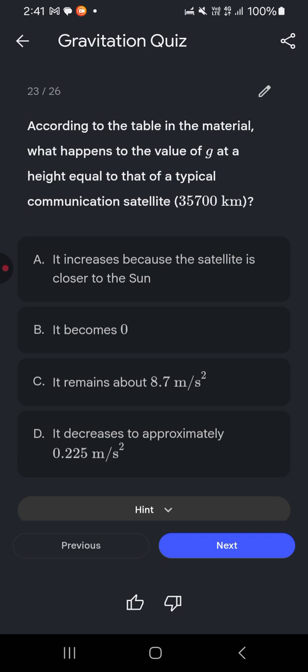What happens to the value of g at a height equal to that of a typical communication satellite, which is at a height of 35,700 kilometer from the Earth's surface?